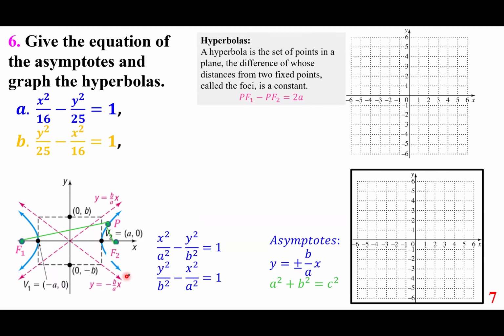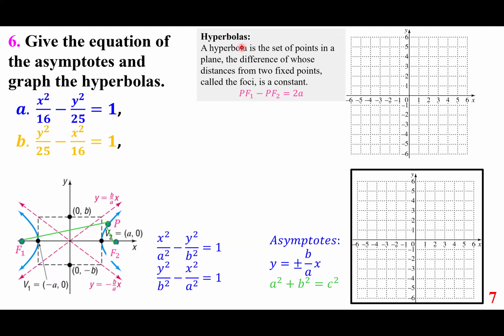So here's the definition: hyperbola. A hyperbola is the set of points in a plane, the difference of whose distances from two fixed points called the foci is a constant. Pf1 minus Pf2 equals 2a. So if you pick a point anywhere and connect it to the two foci, f1 and f2, of course, clearly this is larger. So Pf1 minus Pf2 is 2a.